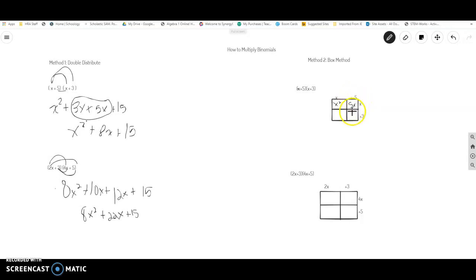So that's the reason why this is where the 5x goes. Now 5 times 3, that's 15. And then this would be the box where 3x goes.